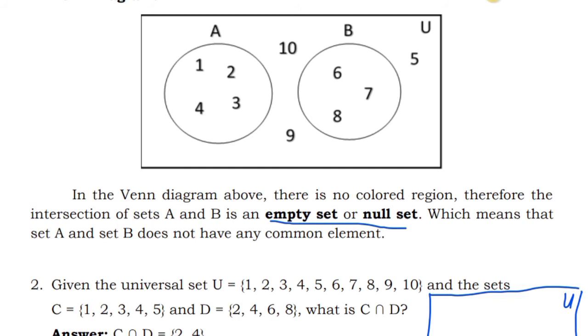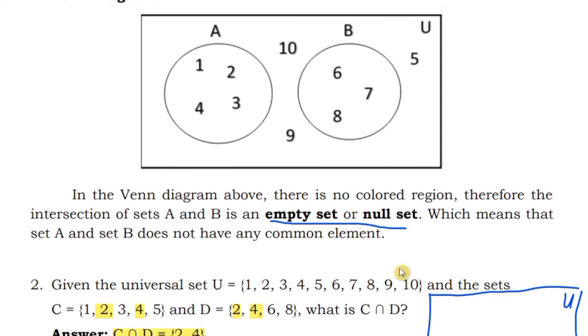The first thing that we should do is get the common elements. If we make use of a circle, there is an intersection of those two circles, which contains 2 and 4. So the intersection is 2, 4.